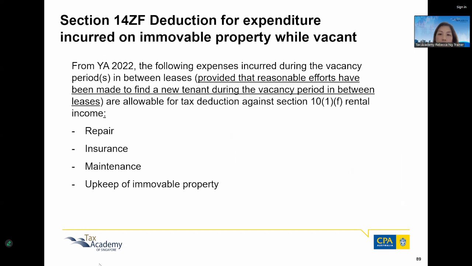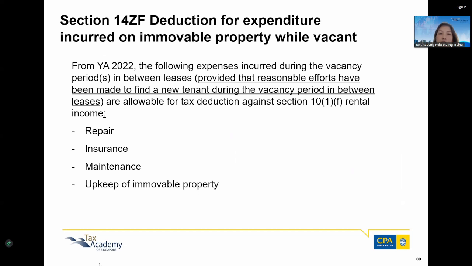So under section 14(1) deduction, it's not allowable because it's not incurred in the production of income. Okay, but I think from YA 2022, it is allowable because they recognize that they do have periods where property will be left vacant, but it's not without condition.